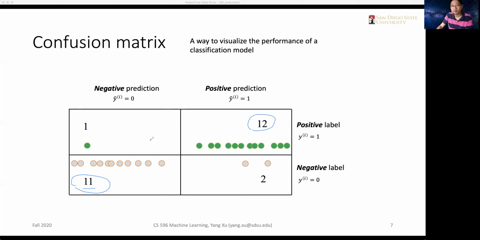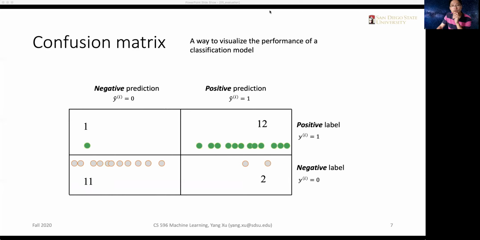But the 1 data point here and the 2 data points here are the misclassifications, because the actual label for these 2 points is negative, but they are predicted as positive. The actual label for this one is positive, but it is misclassified as negative.